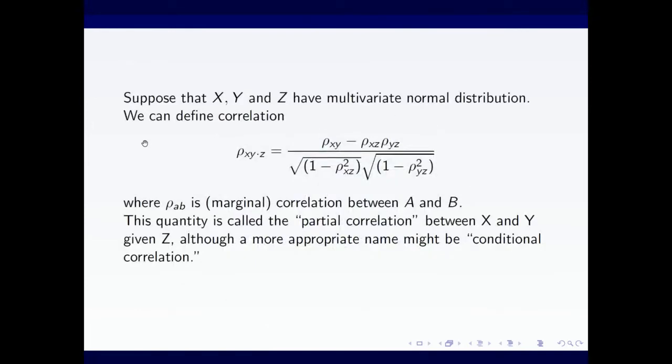So we defined the partial correlation, which I would say is more appropriate to call the conditional correlation, where we would like to see the relation between x and y given the information of z.